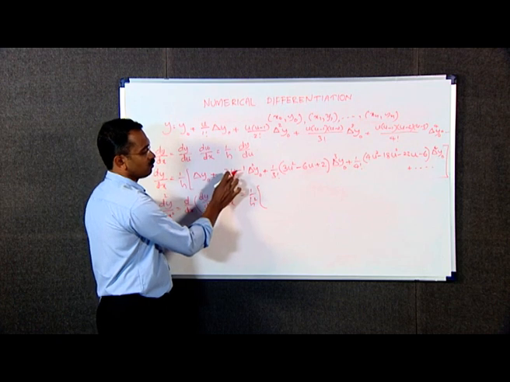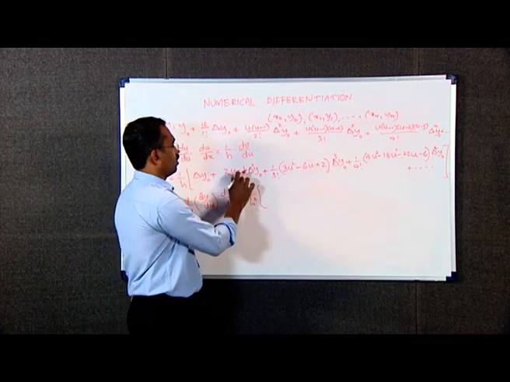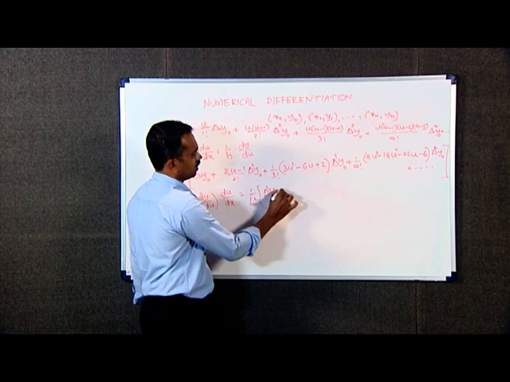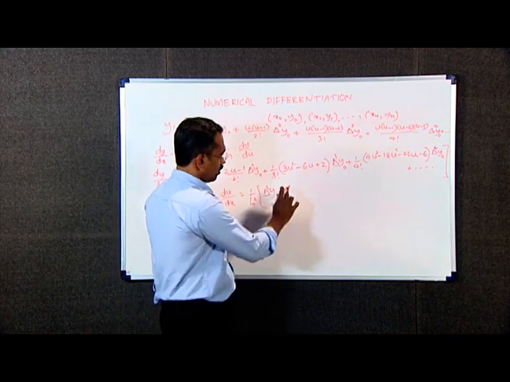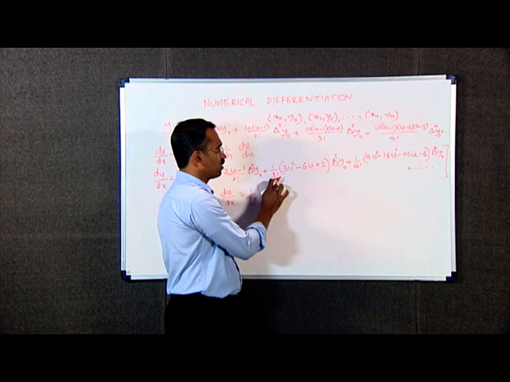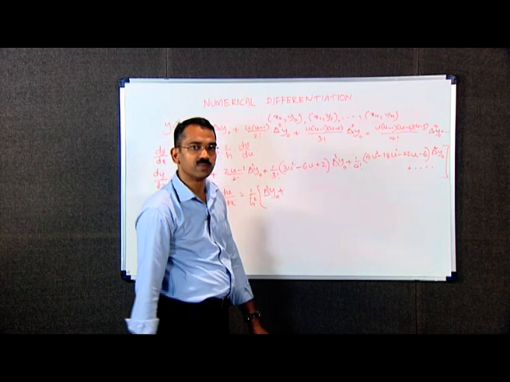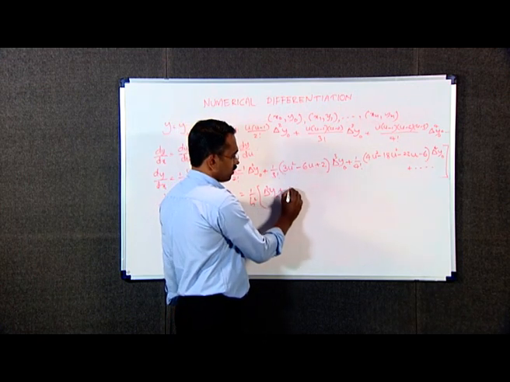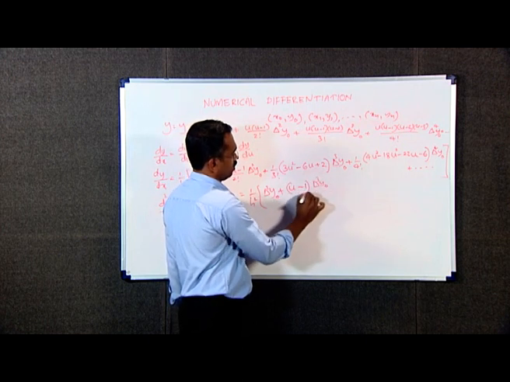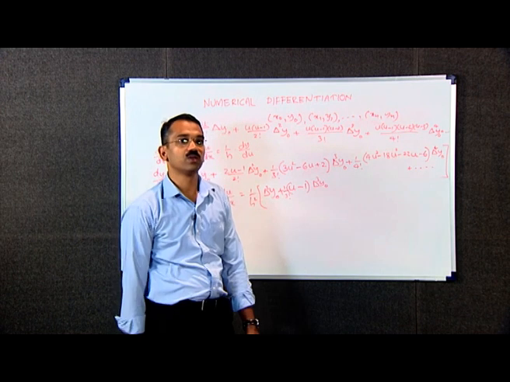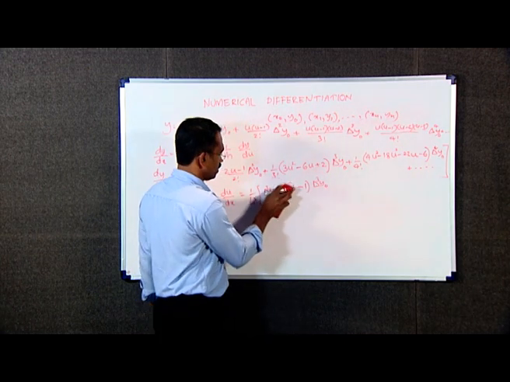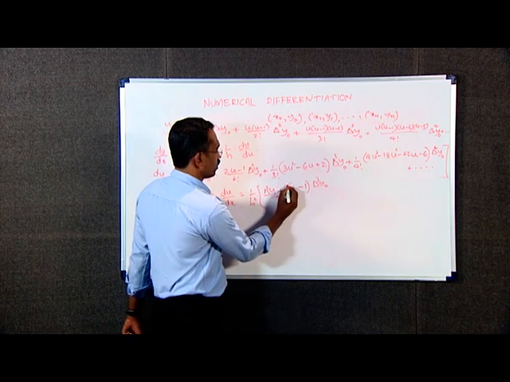The derivative of 2u minus 1 is 2, and 2 by 2 factorial is 1, that is delta square y naught, plus here the derivative is 6u minus 6, 3 factorial is 6, therefore 6 and 6 cancel, the remaining term is u minus 1 into delta cube y naught.